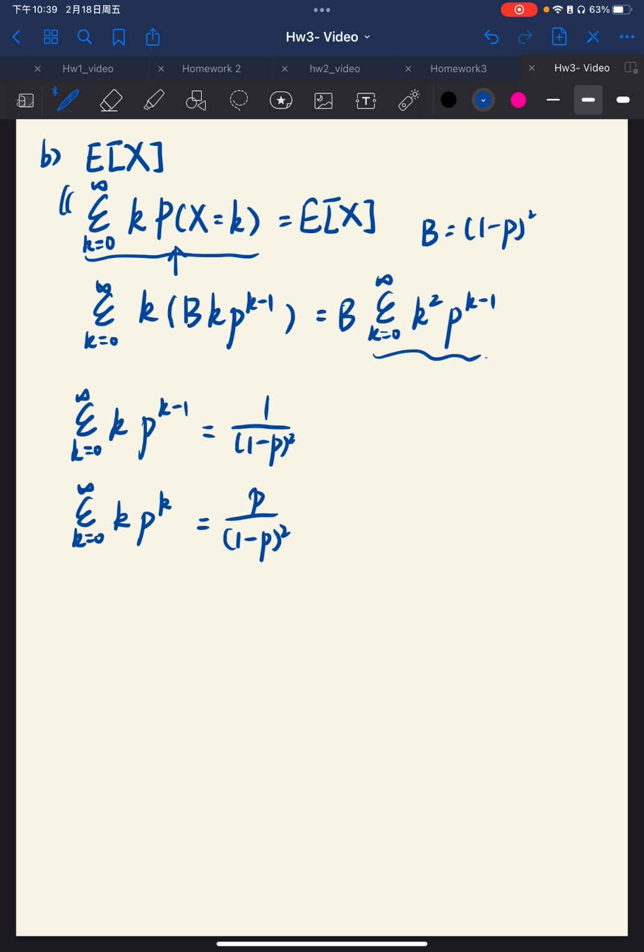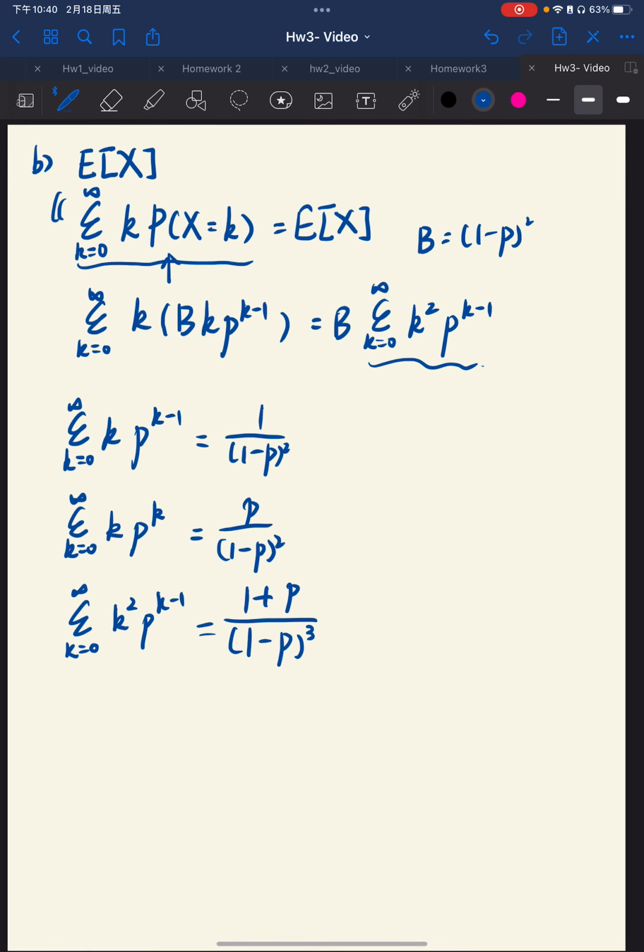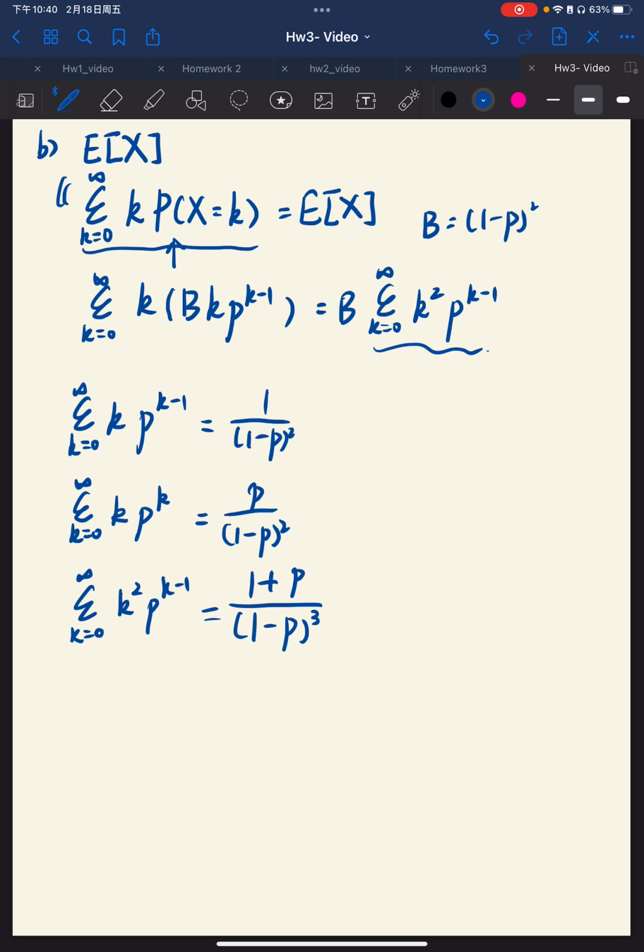And then we take the derivative with respect to p, which gives the summation of k squared p^(k-1) equals (1 plus p) over (1 minus p) to the power of 3.